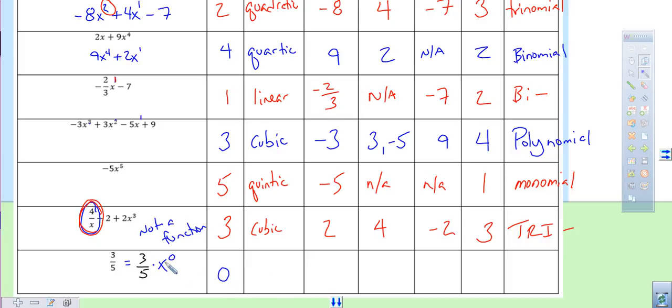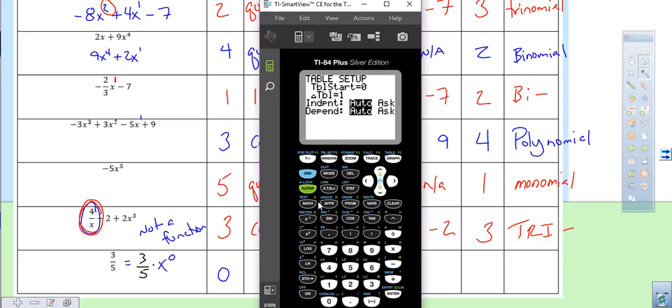We know that if we take anything, no matter what, 8, and raise it to the 0 power, we get 1. 10 raised to the 0 power is 1. -5 raised to the 0 power is 1. Anything, a fraction, 3/5 raised to the 0 power is 1.